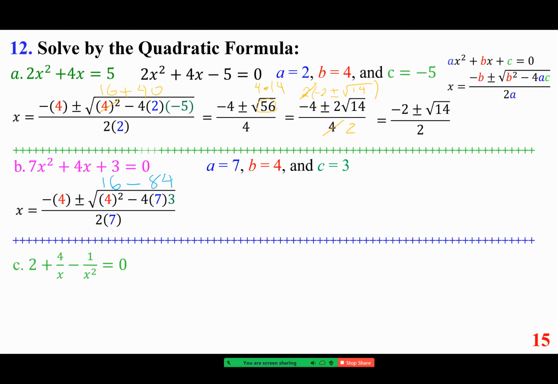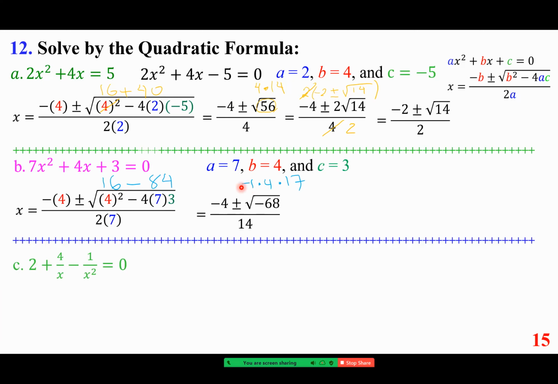84. So 16 minus 84 is negative 68, which is the product of -1, 4, and 17.